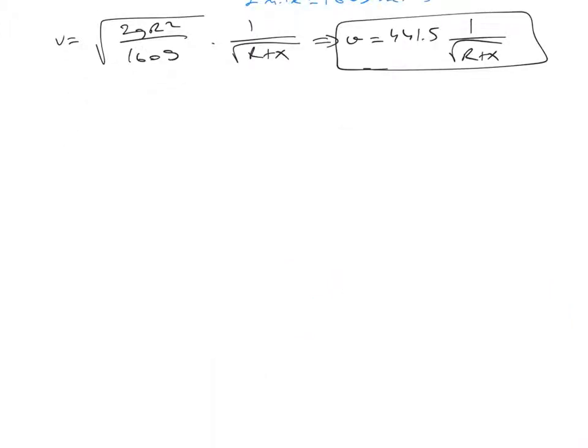We are asked to find the time required for the rocket to go some distance, so our equation should contain the variable time. So v is equal to dx over dt, and it's equal to 441.5 times (R plus x) to the minus 1 over 2.